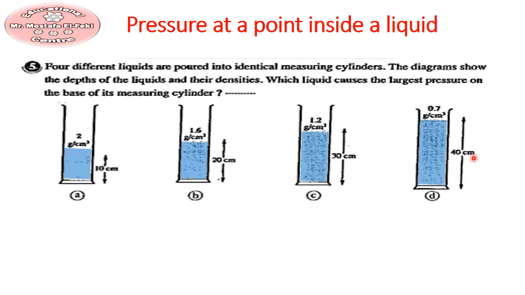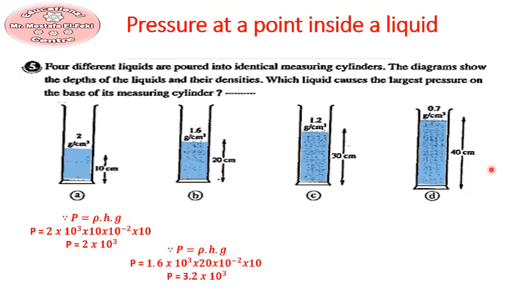Four different liquids are poured into identical measuring cylinders. The diagram shows the depths of the liquids and their densities. Which liquid causes the largest pressure on the base of its measuring cylinder? By determining the pressure equals rho Hg: this is the pressure of the first graduated cylinder, the pressure of the second cylinder, the pressure of the third cylinder, and notice that we convert kilogram per cubic centimeter to gram per cubic meter.